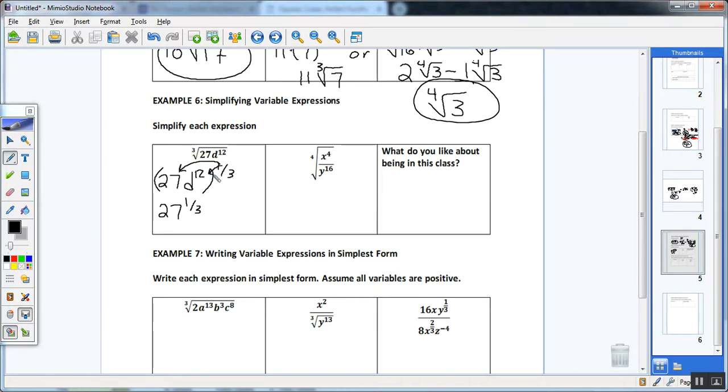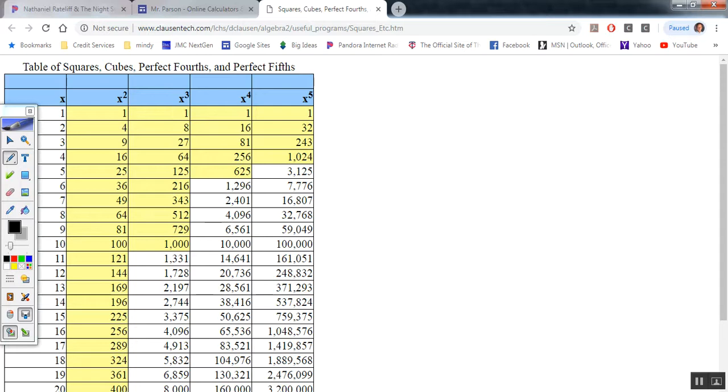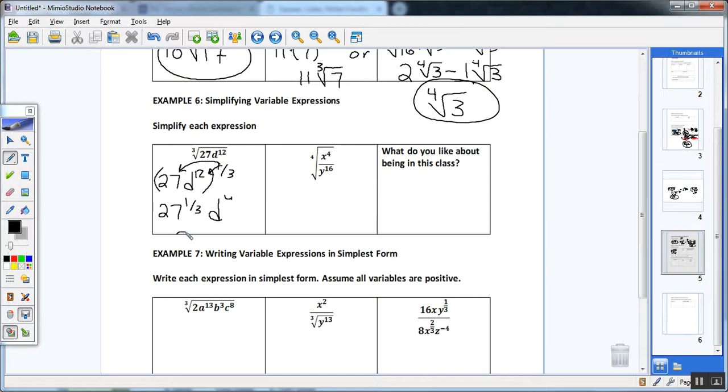And then how about 1/3 of 12 here, kids? D to the 4th. Now, kids, 27 to the 1/3. That's like the cube root of 27. If I look at my chart here, isn't 27 kind of a perfect cube? What is the cube root of 27? So this is simply going to turn into 3 times what?